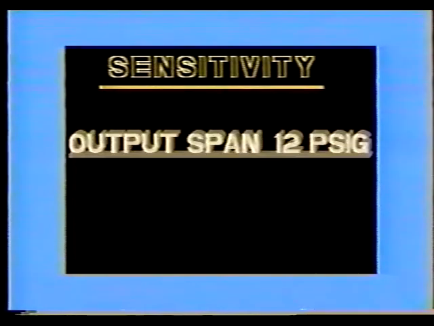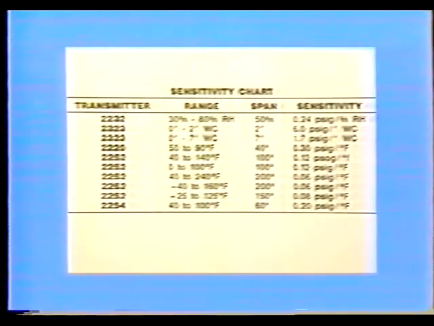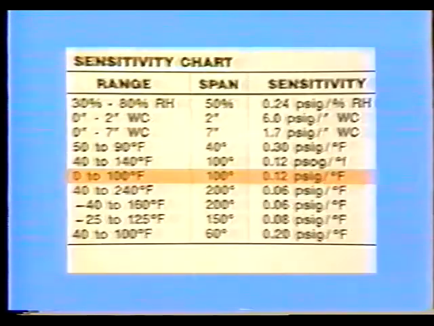Sensitivity is a term that is used to relate this ratio of engineering units to the output pressure span and is arrived at by dividing the output span of the transmitter, 12 psig, by the specific range of the transmitter. This provides the pounds change in output per engineering unit change. This is a sensitivity chart for the various Robert Shaw transmitters.